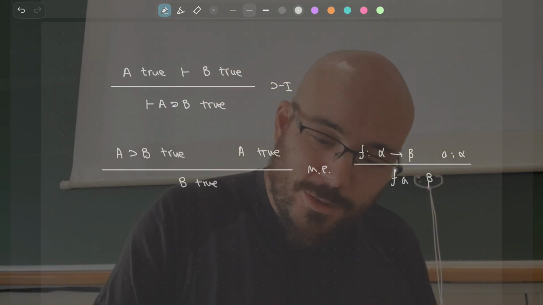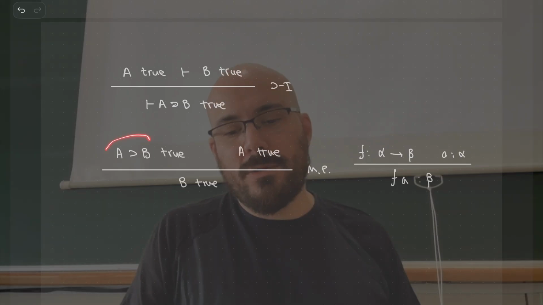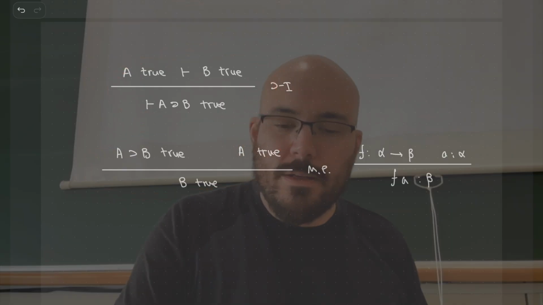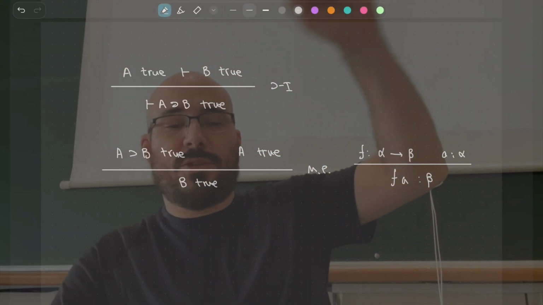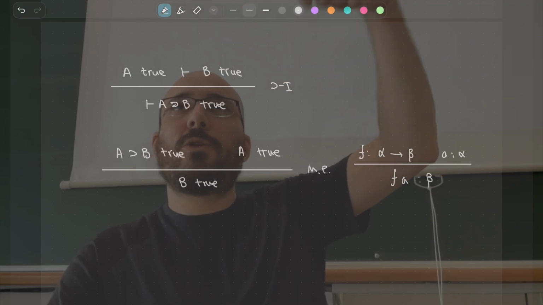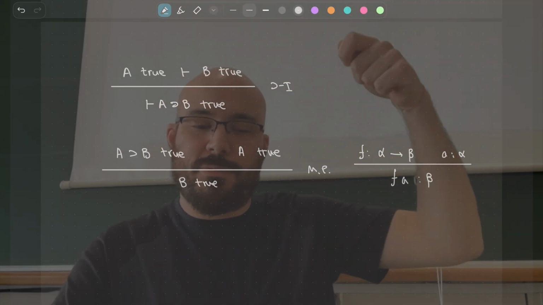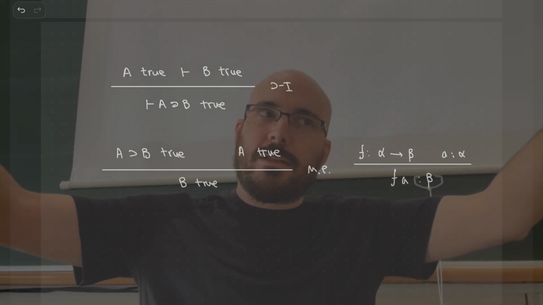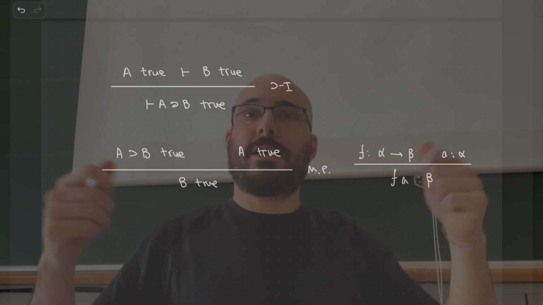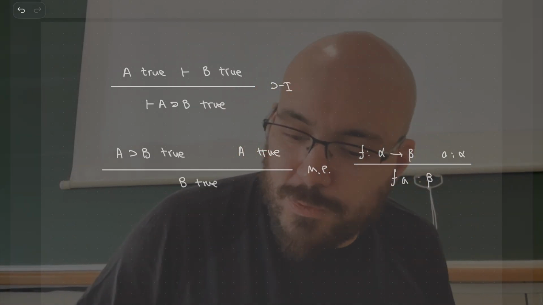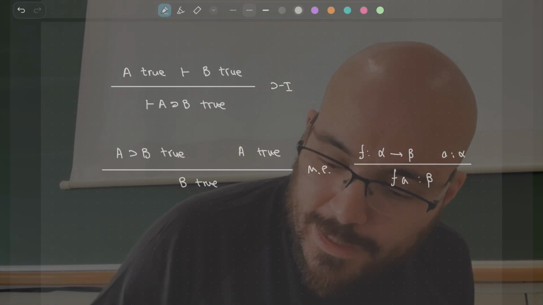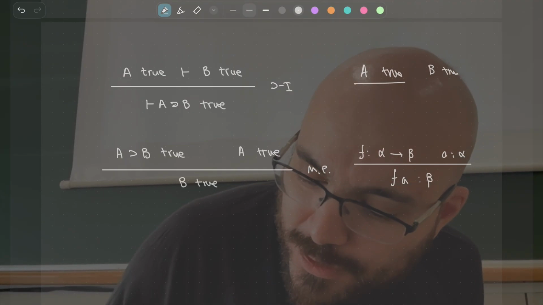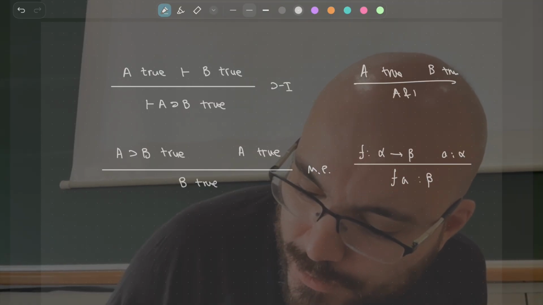But maybe it's not so clear how one would reach this. So I want to see this as kind of an inverse thing to that. The idea is that you want this A implies B to somehow encode the information that there was a proof from A to B. Remember, every time we were looking at an introduction rule, for conjunction, we said information went in, right? I have A true and B true, and information went in when I created the conjunction.